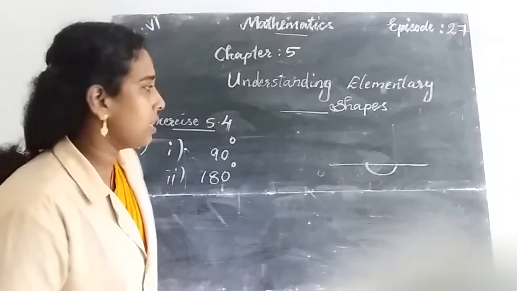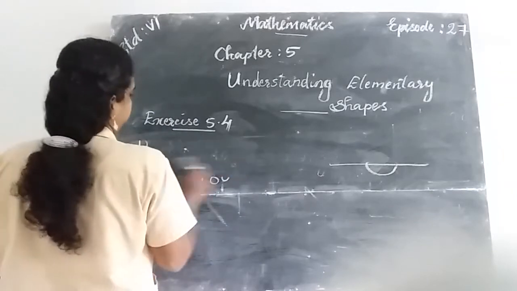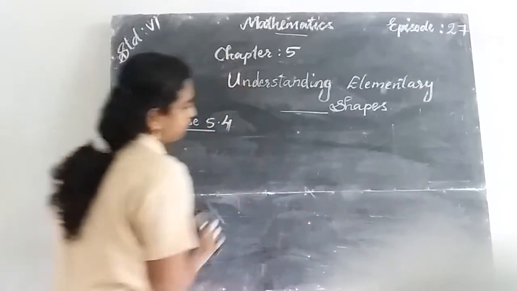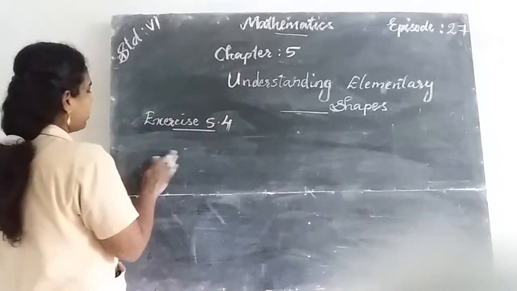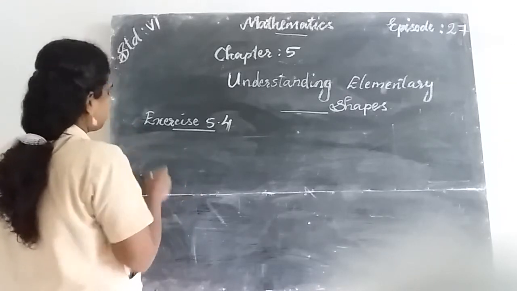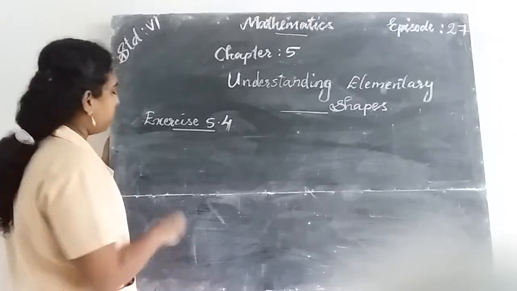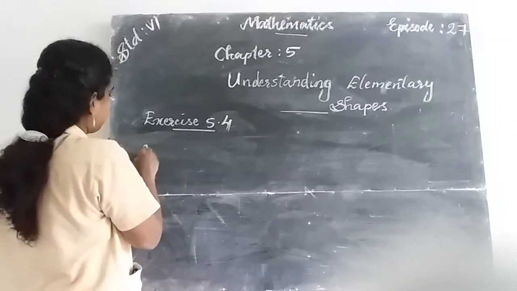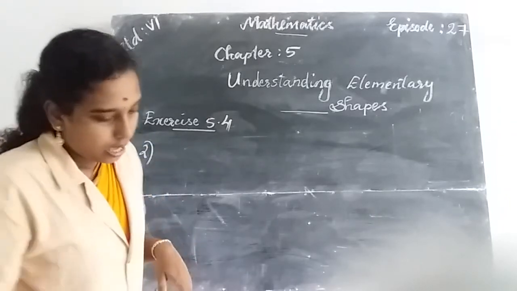The next section is true or false, based on the things we already learned in our previous classes. We want to solve the true or false questions. Okay, and part A.